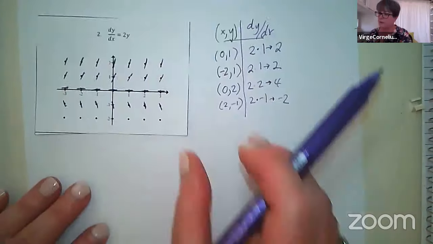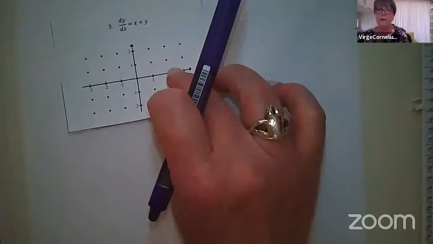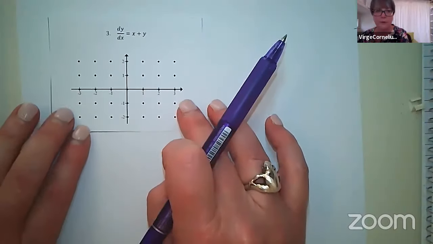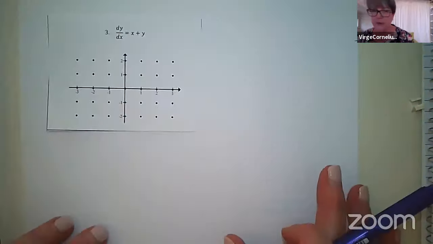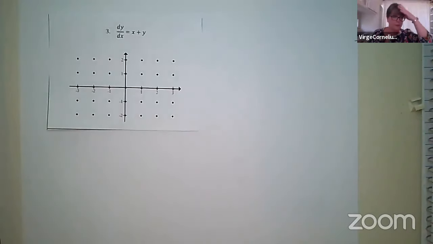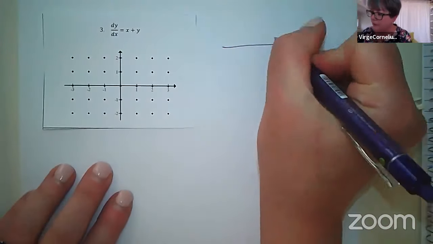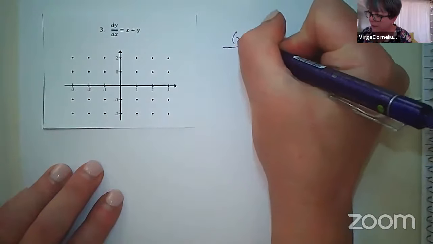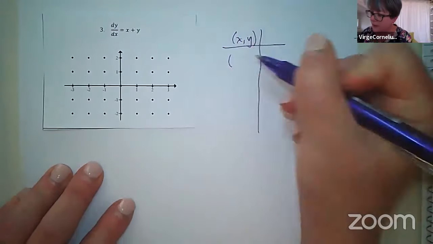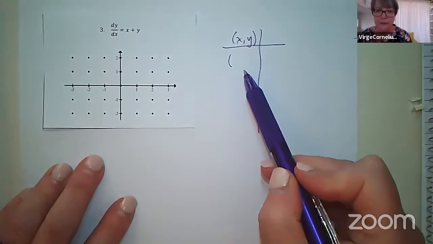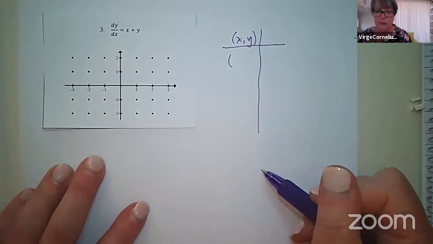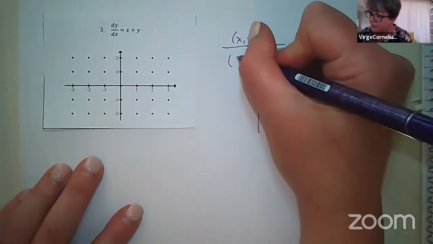All right, let's look at a third one. This is number 3, actually. Unlike yesterday where we started with 0 and then skipped 2, all kinds of craziness. So this one, dy/dx is equal to x plus y. So now our slope depends on both the x and the y being added together. That's going to create our slope.